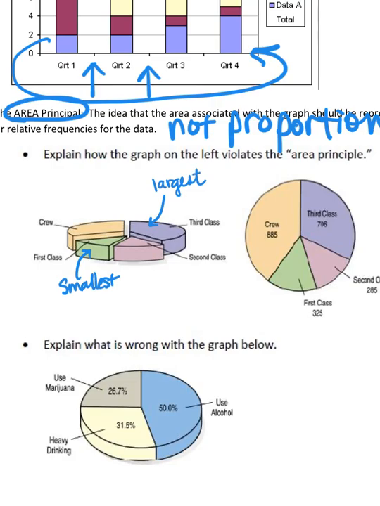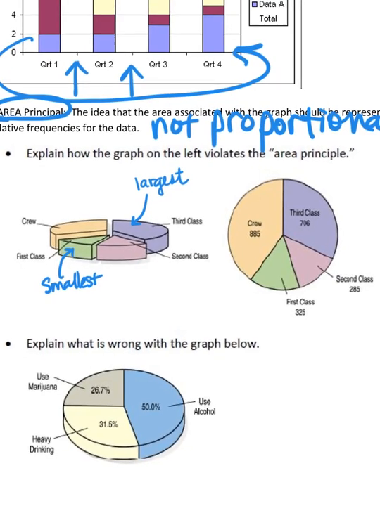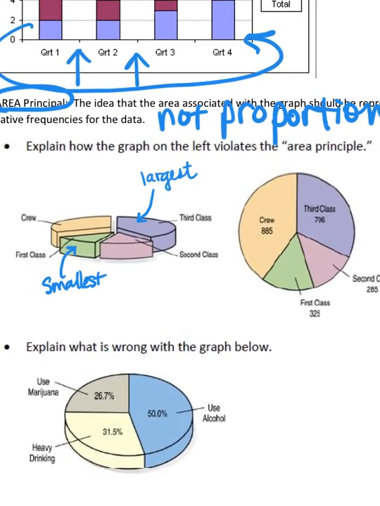Okay? But if we take a look next to it, over here on the right-hand side, we have the actual numbers written out, and so then you can see that that is not the case. First class is not the smallest.